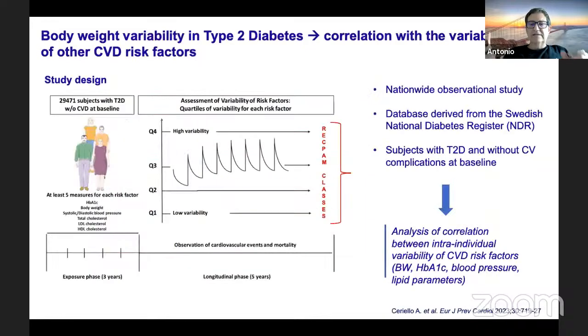What happens is that in the same person, you may have not only one risk factor going up and down, because you can have variability of the weight, but at the same time variability of glycemia, blood pressure, and lipids. Again in cooperation with the Swedish Diabetes Registry, we looked at the ranking of the variability of these different risk factors in people who at the beginning of this study did not have complications, particularly cardiovascular complications.